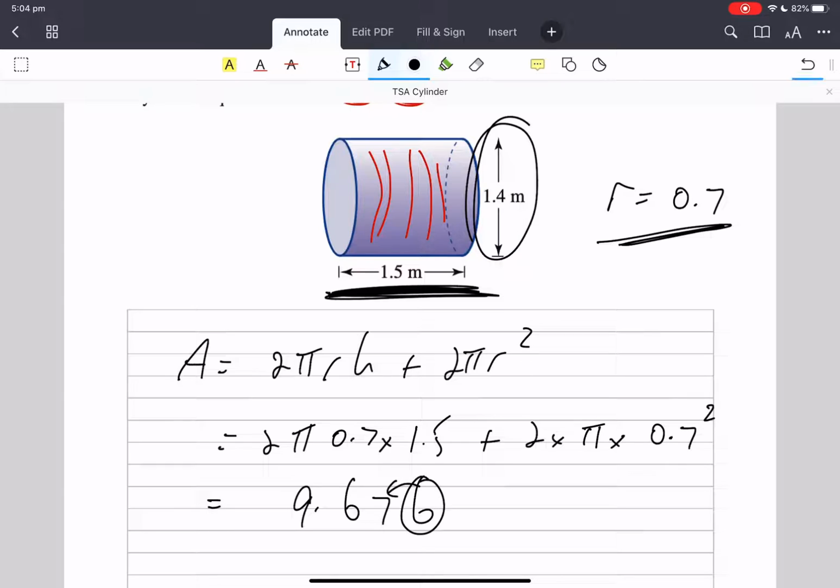We'll tell that 7 to go to 8, and it's metres squared.